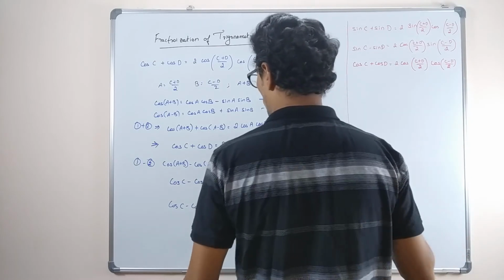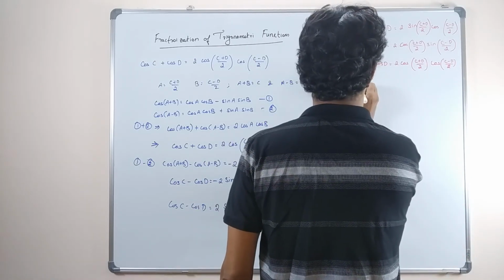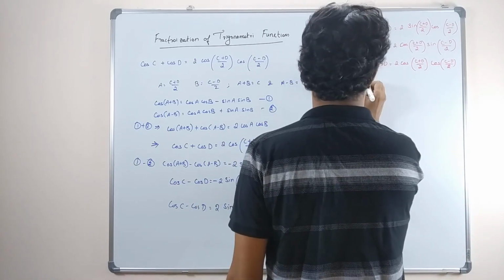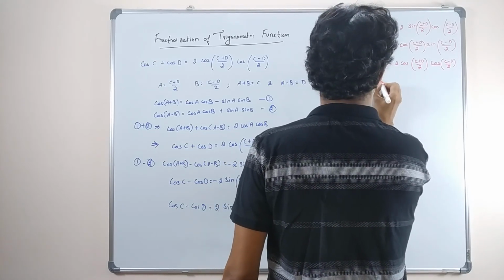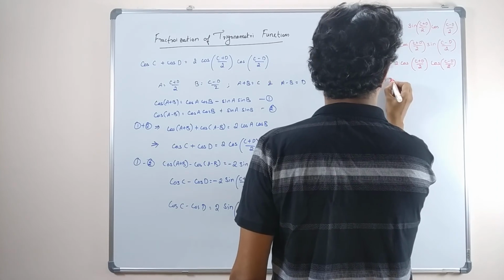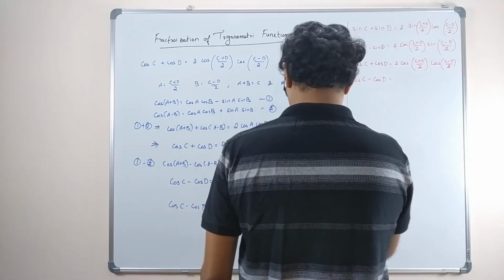As you keep doing more and more problems, you will remember this formula. Otherwise you can always derive it also; you will just do it faster because derivation takes a lot of time. What's the formula?